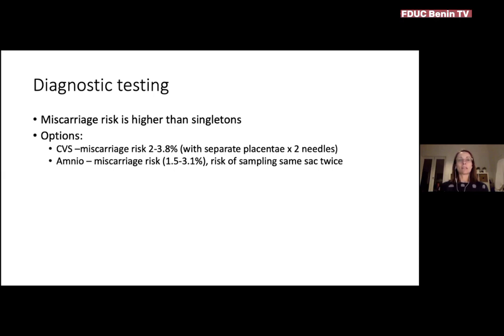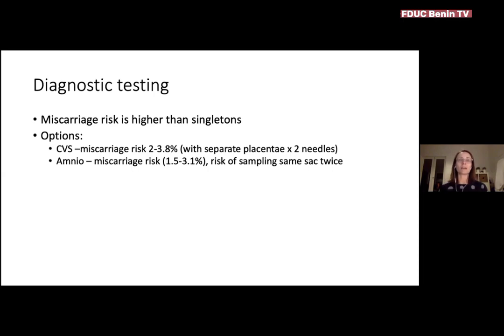And with amniocentesis, you have the miscarriage risk, and there's also the added risk of sampling the same sac twice. It's actually relatively easy, even if you're intending to sample 2 different sacs, to accidentally put the needle through the very thin membrane between the twins and actually sample the same twin twice.